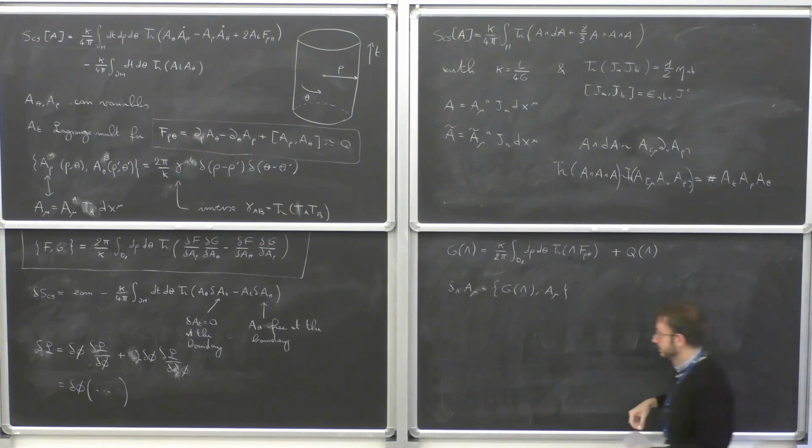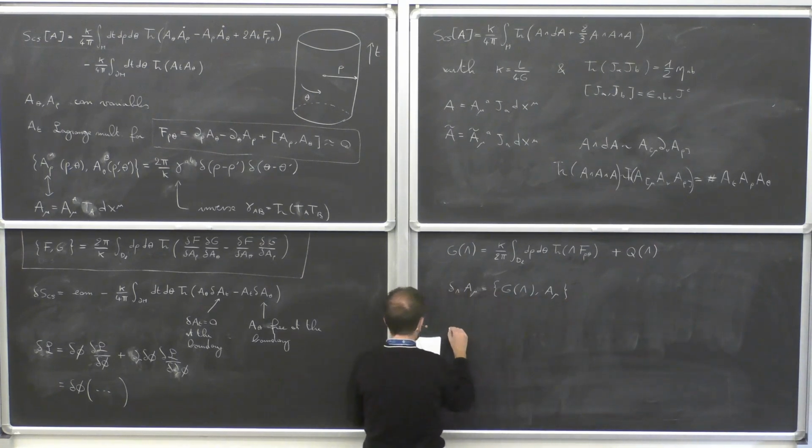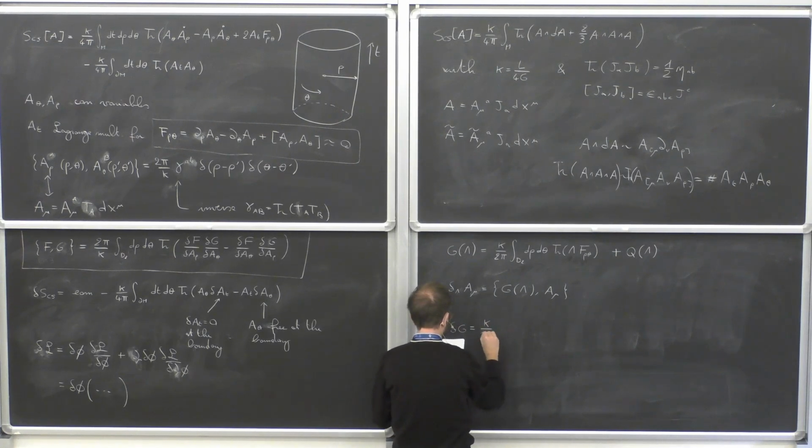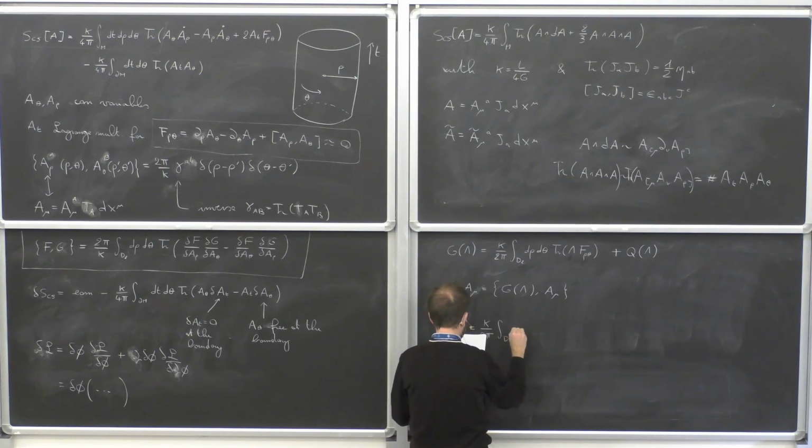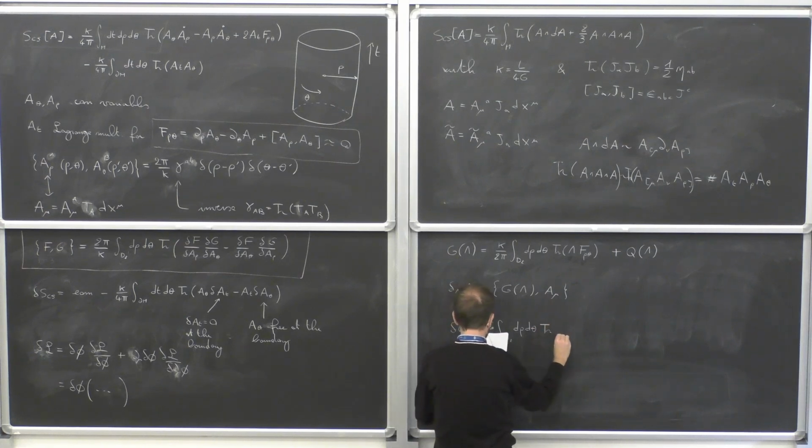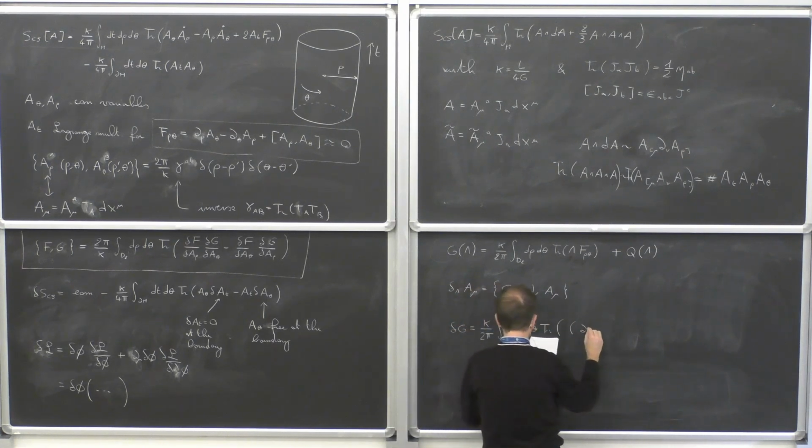Why do I need a boundary term? Because if I look at what is the functional derivative of G, what I get, well, let me write it.